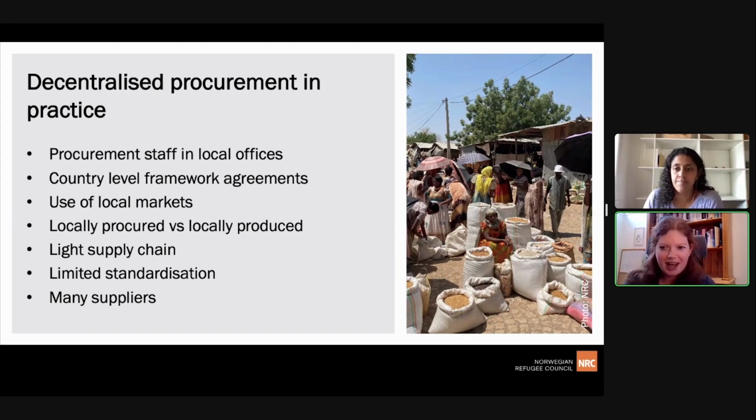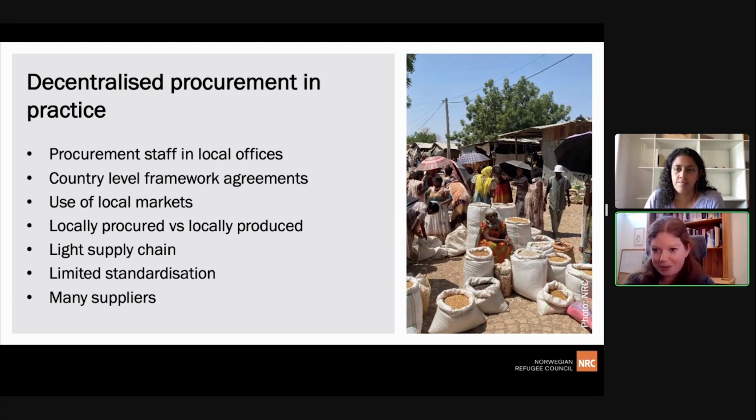However, I do want to highlight the difference, which is really important for the environmental impact, between locally procured and locally produced. So although we will do almost all of our procurement locally, that doesn't mean that we don't have a responsibility for the environmental impact of the supply chain to get it to that point through the supplier.